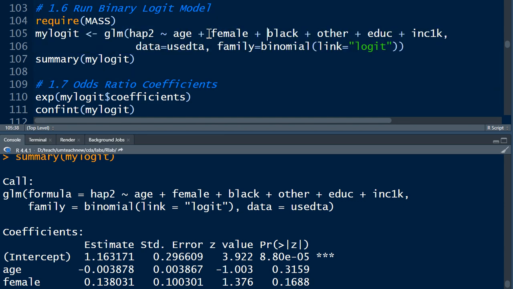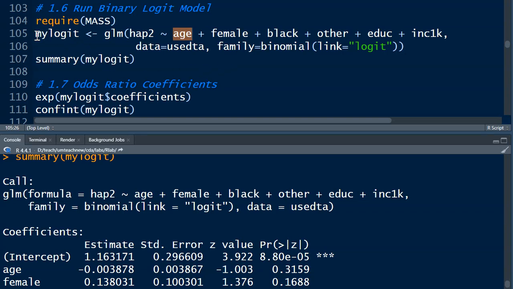Here we also have this female binary variable to measure gender, and we have two dummy variables, black and other, to measure the effects of race, with whites used as the reference category. Of course, we have age measured on a scale of years.